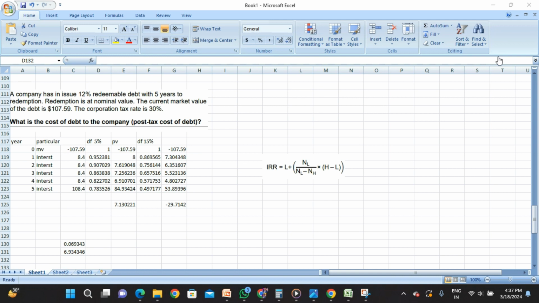The IRR formula will be the lower rate plus bracket NPV at lower divided by NPV at lower minus NPV at higher, into bracket, higher rate minus the lower rate. You will get the cost of debt of redeemable debt.